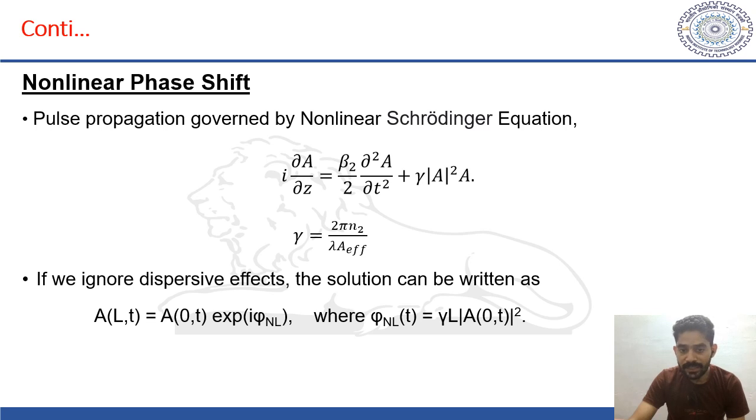Gamma is equal to 2 pi n2 by lambda A effective, where n2 is the nonlinear refractive index coefficient, lambda is the central wavelength, which is the zero dispersion wavelength, and A effective is the effective mode area. If we ignore the dispersive effect, we get the solution of this equation. Here is our nonlinear phase shift.